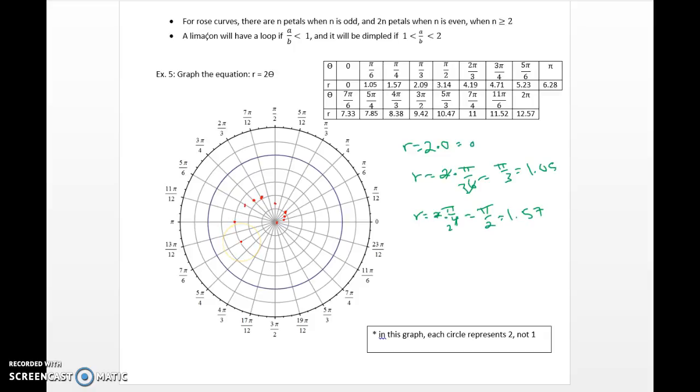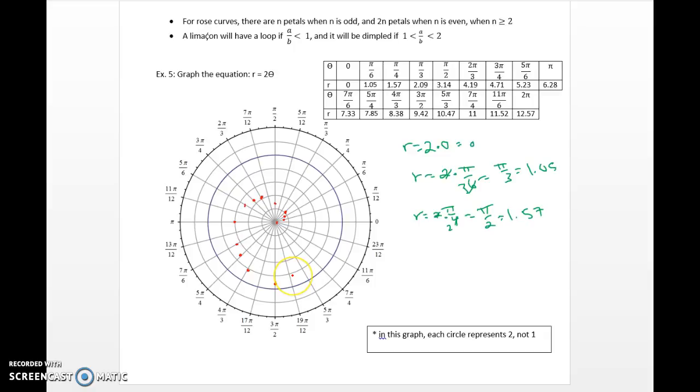When theta is 7 pi over 6, r is 7.33. When theta is 5 pi over 4, r is 7.85. When theta is 4 pi over 3, r is 8.38. When theta is 3 pi over 2, r is 9.42.